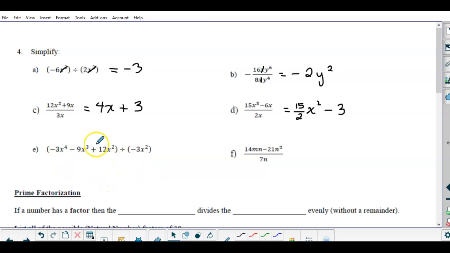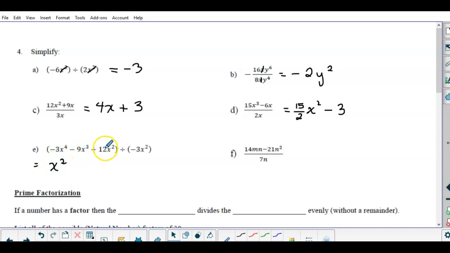Okay, now a trinomial. And we're dividing by a negative. So a negative divided by negative is a positive, and they're 3s. So we're going to be left with 1. x to the 4th divided by x squared is x squared.